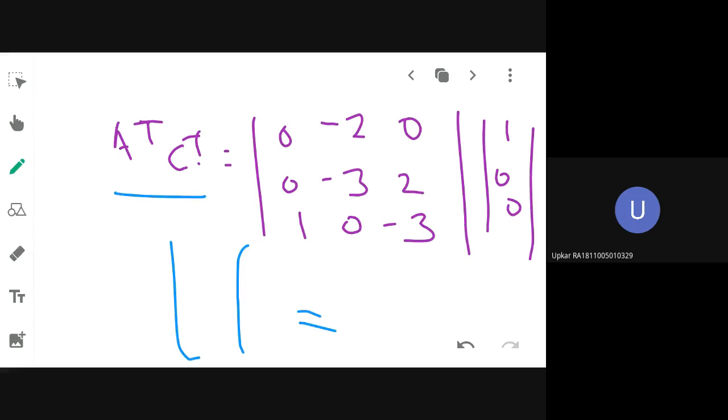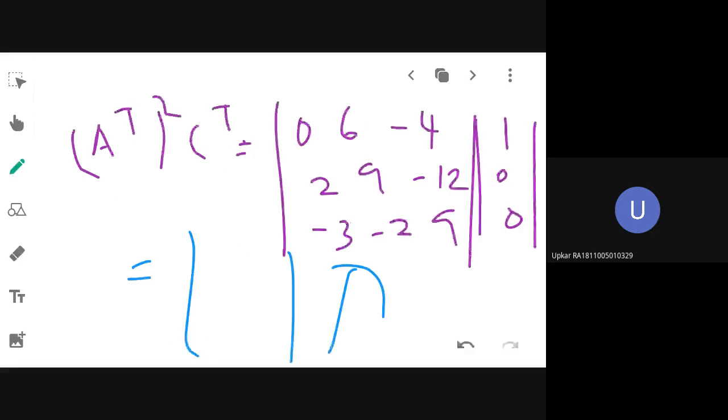What is the product? A transpose C transpose is equal to? Come on, people, tell me the answer. Ma'am, 0 0 1. It's 0 0 1. Okay, similarly, A transpose squared C transpose, what is the answer for this?